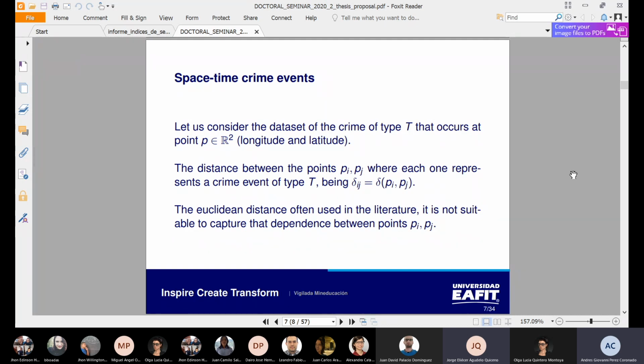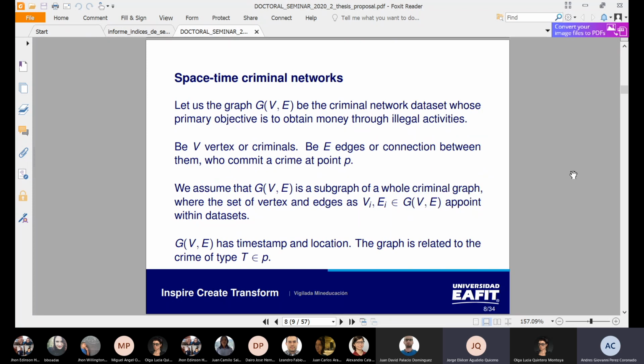We can find a theft, but it doesn't mean that the other theft is in the same location or even around 200 meters or an epsilon of 300 meters. That means that these two crimes are very close geographically, but maybe they don't have the same structure of dependence between the points. I'm going to explain that later, but the distance doesn't have to be the Euclidean distance.